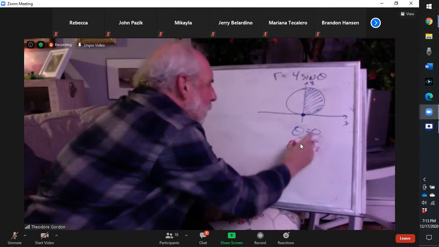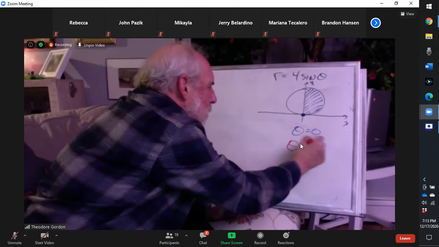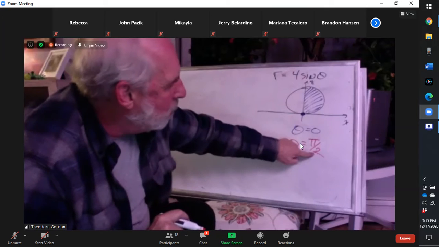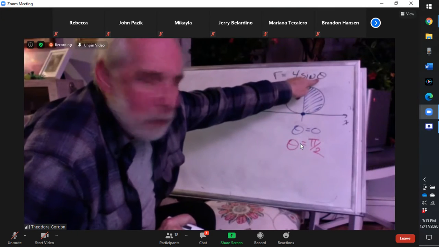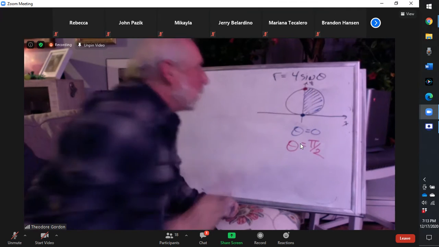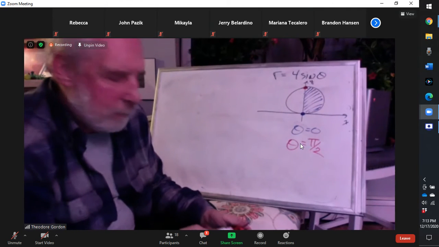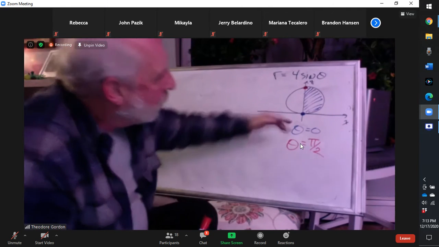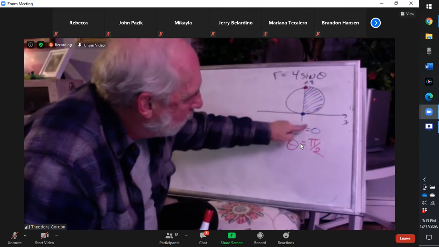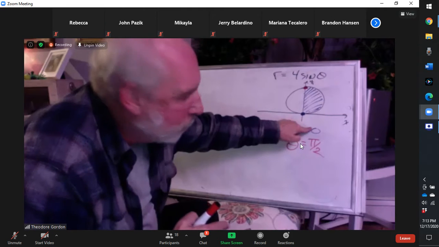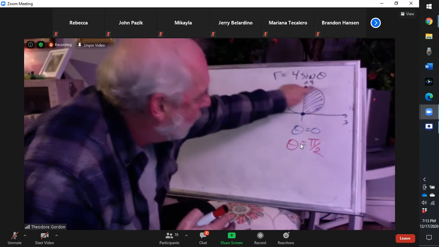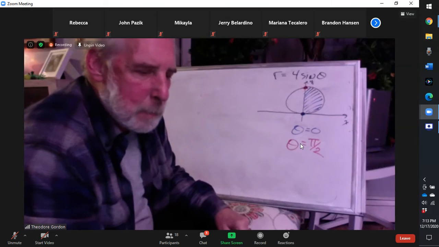Nope, that's not what I want. Pi over 2. The sine of pi over 2 is 1. 1 times 4 is 4, and that puts us right there. So we're going to start at angle 0. We're going to let the angles range all the way up to pi over 2, and it will draw that half circle right there.